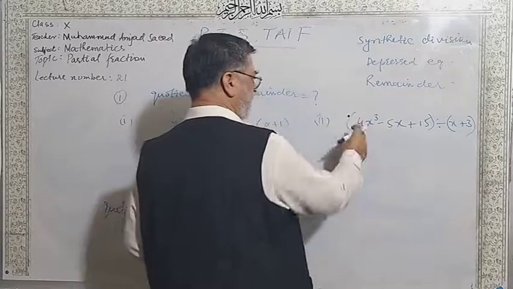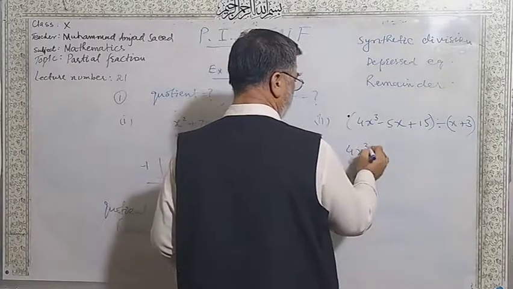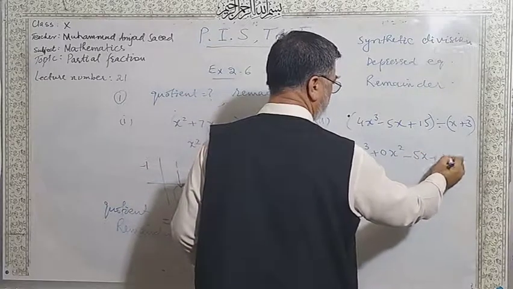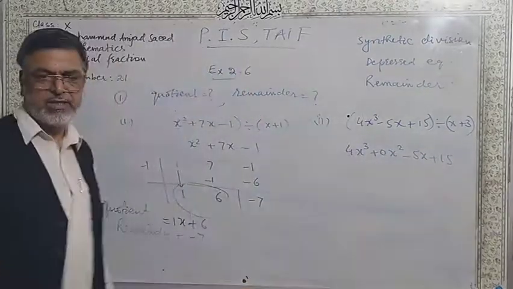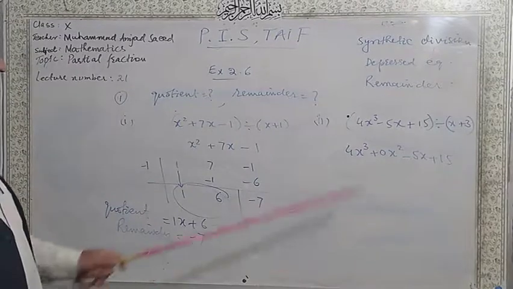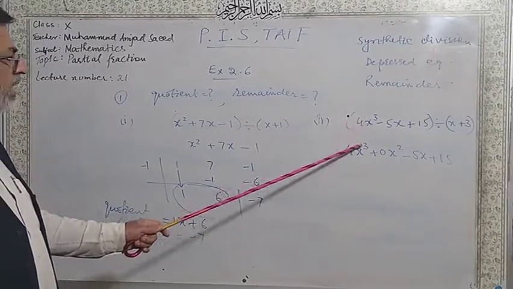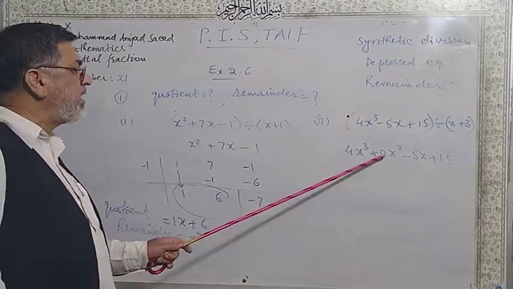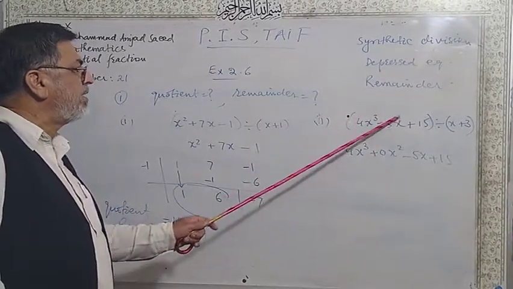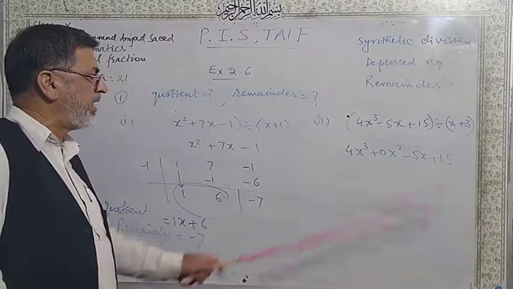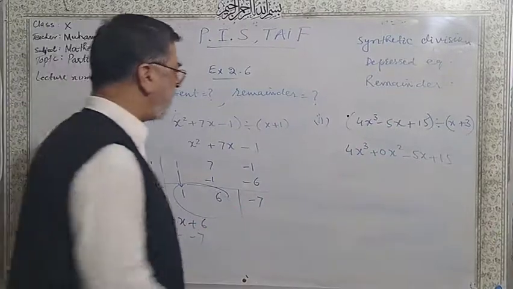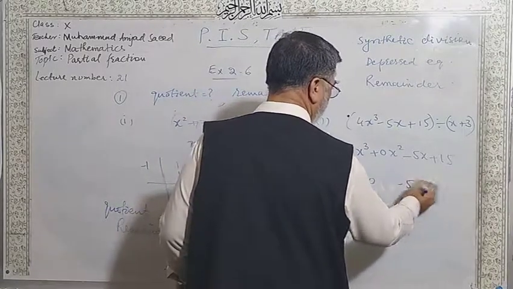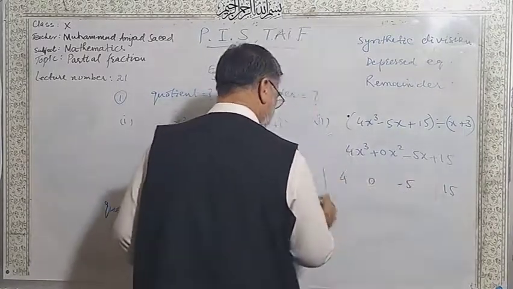First of all, we will write down 4x cube plus 0x square minus 5x plus 15. Dear students, you can check here 4x cube, the x square term is missing. You will write it down as 0 coefficient, 0x square, then minus 5x plus 15. Now write down the coefficients 4, 0, minus 5 and 15.